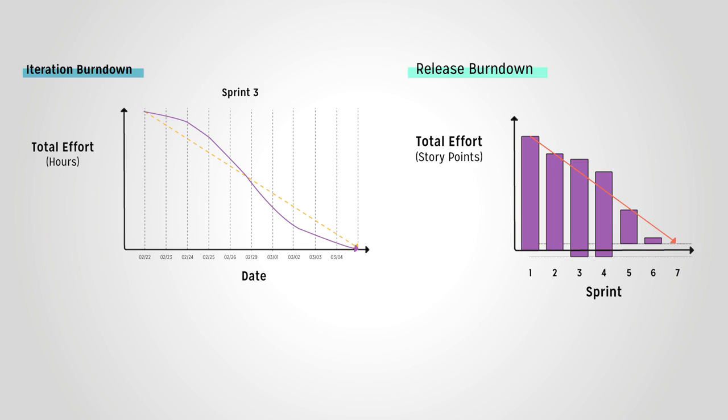The iteration burndown chart should be updated each day. This usually occurs at the daily stand-up, where you plot the previous day's work. Similar to the way that a release burndown measures the work to be done at the start of each sprint, the total effort for each day represents the work remaining at the beginning of each day.